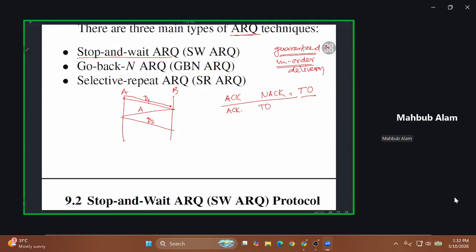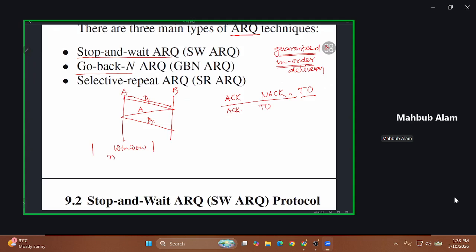Go back N and the sliding window protocol. What it does to increase the efficiency is that it has a window of N packets, and it can transmit N packets one after another. One after another is a better term.